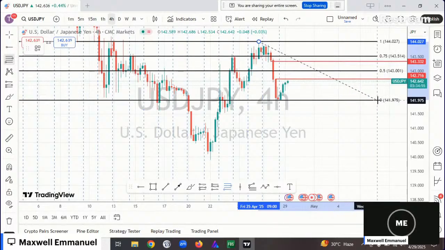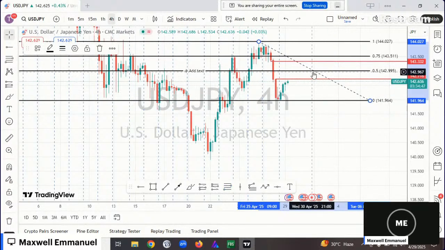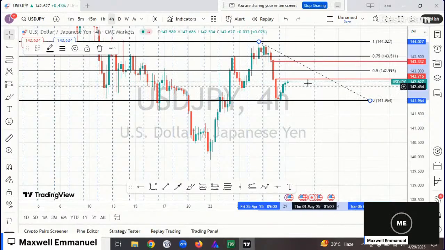It needs to go back to premium. Premium is above level 50. So you should wait for price to pull back above level 50, then you look for sells. So this would be a good area to consider selling. I hope that is clear.